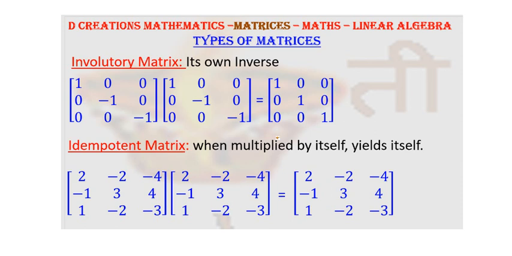So minus 16 plus 12 is minus 4. In this manner you can multiply the respective rows and columns and you will realize that you are getting the matrix back. So you can maybe pause the video, try it for yourself and check that it is indeed getting verified. So these are some basic types of matrices.